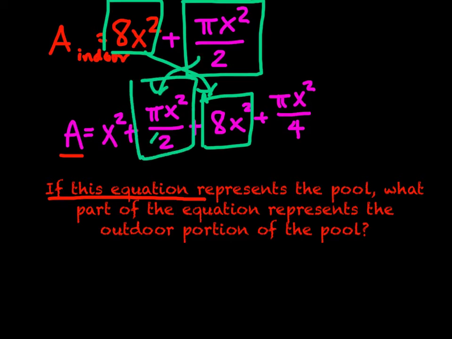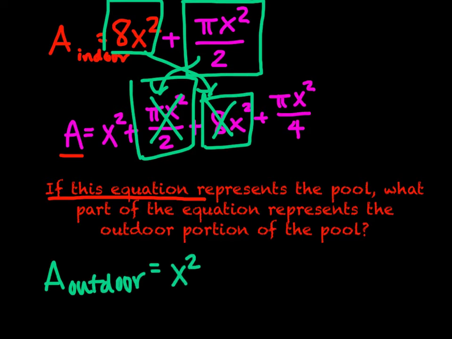So we're going to take these portions out. They represent the indoor portion of the pool, and everything that's left over is the area of the outdoor portion. So we have area is equal to x squared plus pi times x squared divided by 4. Looking at this, we can probably figure out what this would look like.